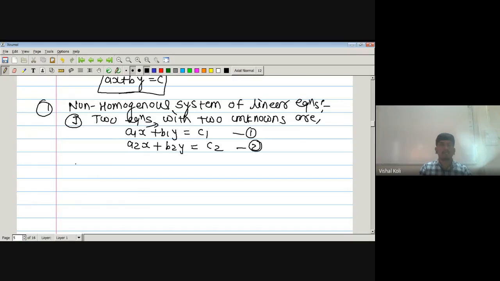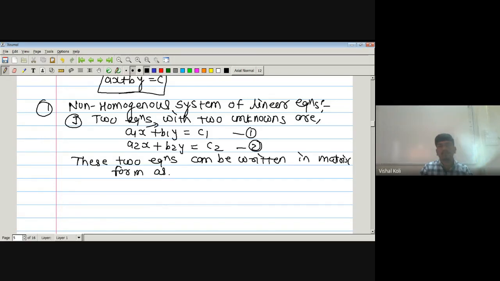These two equations can be written in matrix form as: the matrix [a1 b1; a2 b2] into [x; y] equal to [c1; c2].